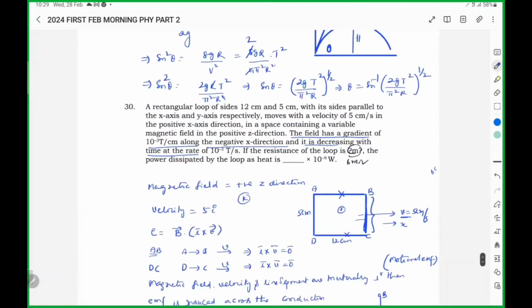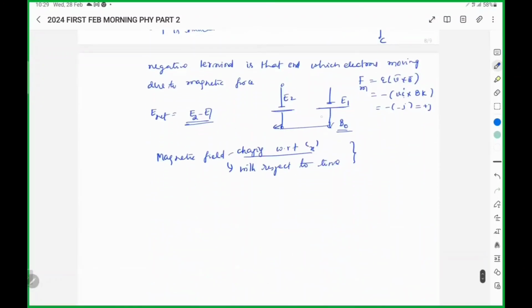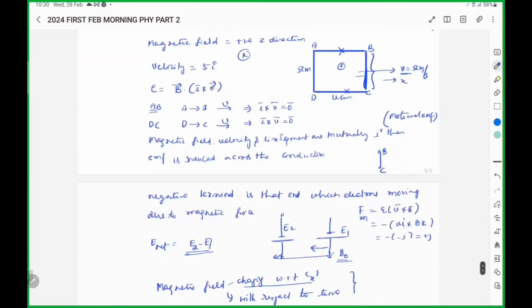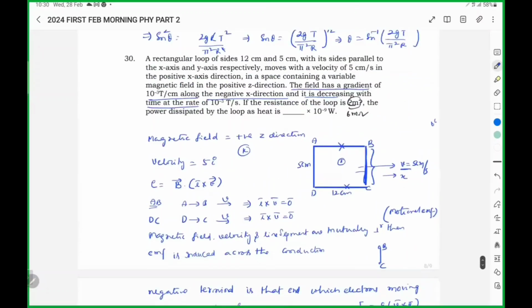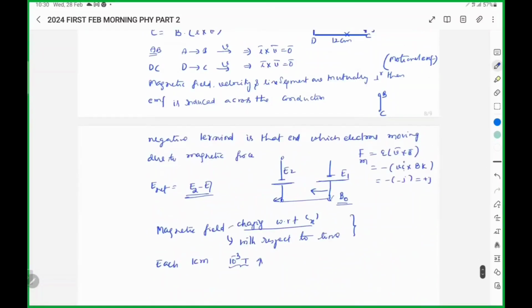He told that it has a gradient 10 power minus 3 Tesla per centimeter along the negative x-axis. So for each 1 centimeter, magnetic field increases by 10 power minus 3 Tesla. Here it is how many centimeters? 12 centimeters.